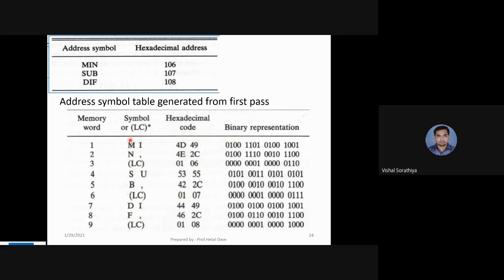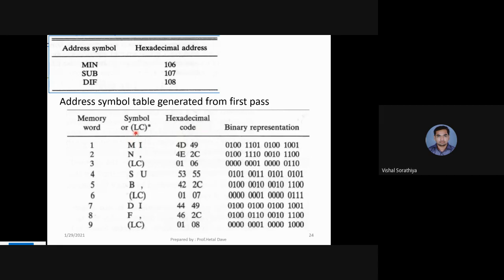Now you may ask how this MIN and all this came about. There is a specific table, as I have shown you in the previous lecture, where each and every word, MIN, SUB, SBB, comma, dash, whatever it is, even space, has a specific hexadecimal code, and that hexadecimal code is translated.